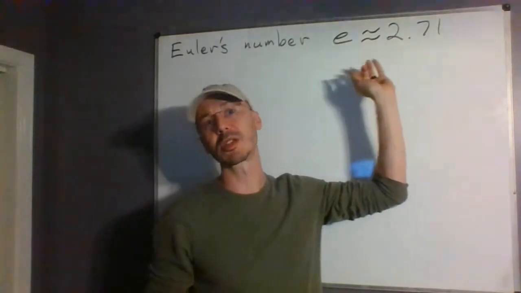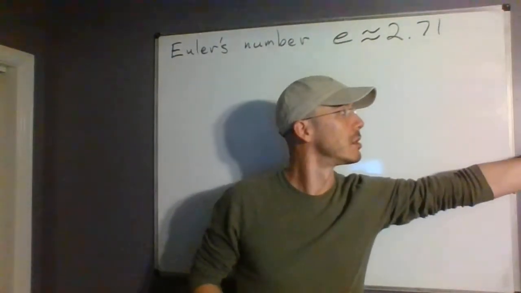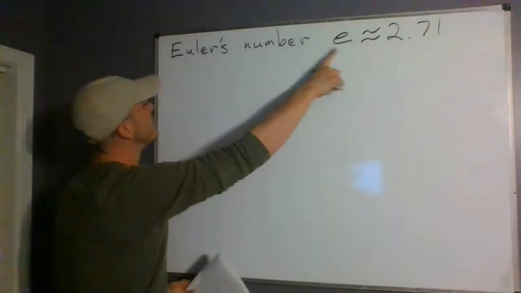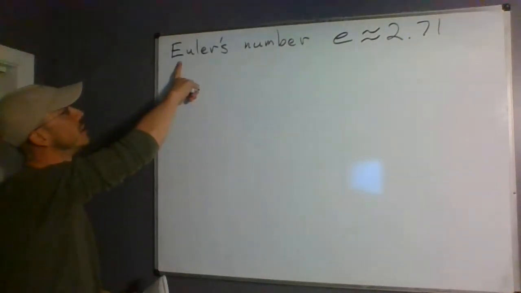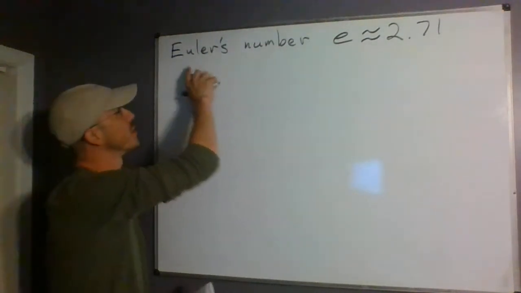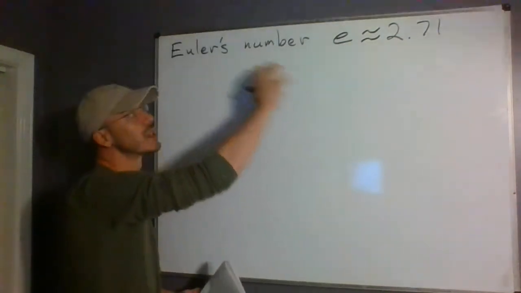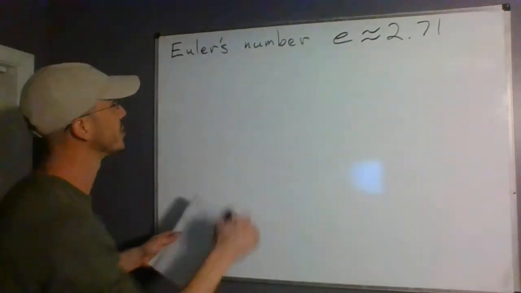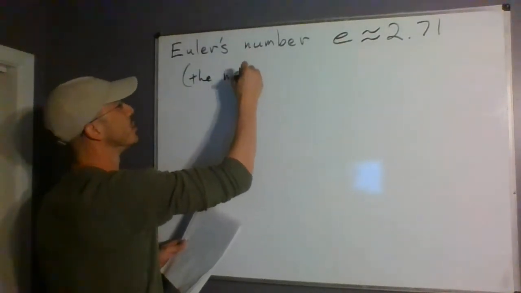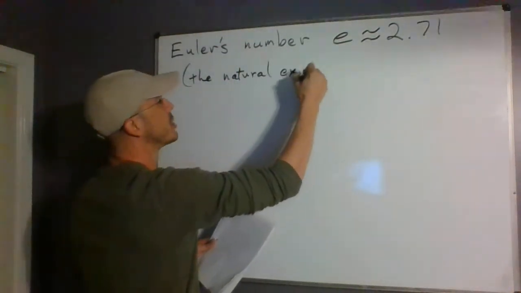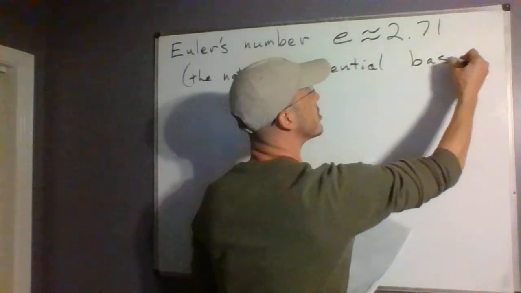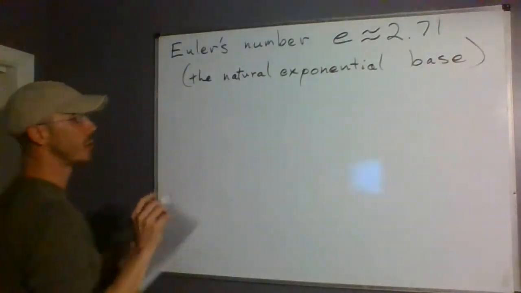Its decimal expansion keeps going and going, and it doesn't have a very obvious pattern. It's E for Euler, who was a German mathematician a few hundred years ago. There are actually other things called Euler's number, but this is the most common one. It's also called the natural exponential base, and it's used as a base for an exponential function.